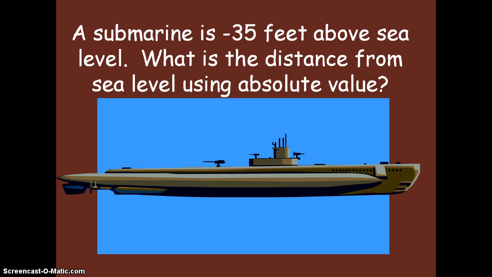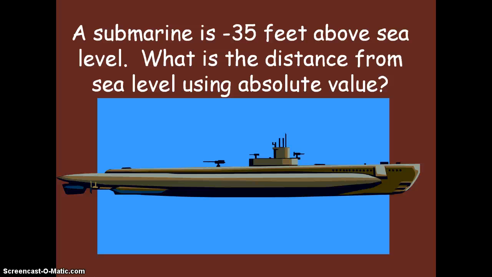Here's another real-world word problem that involves us finding absolute value. It says, a submarine is negative 35 feet above sea level. What is the distance from sea level using absolute value? Okay, well, 0 sea level would be the 0 that we would need to refer to in this word problem.